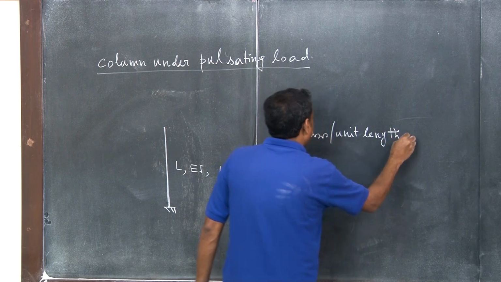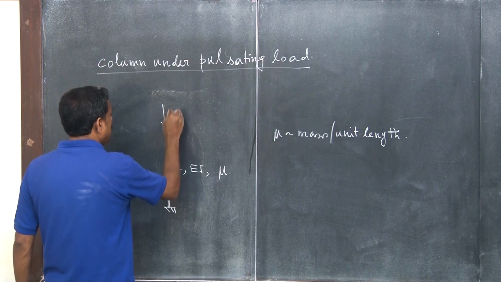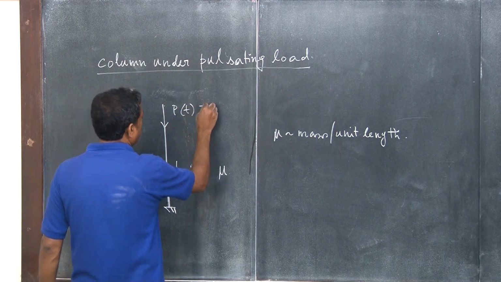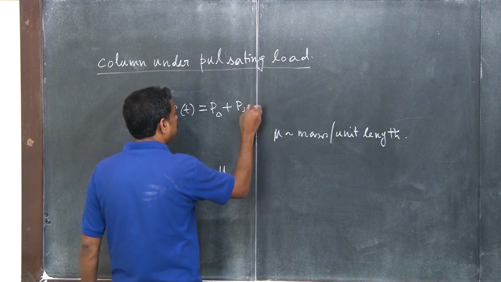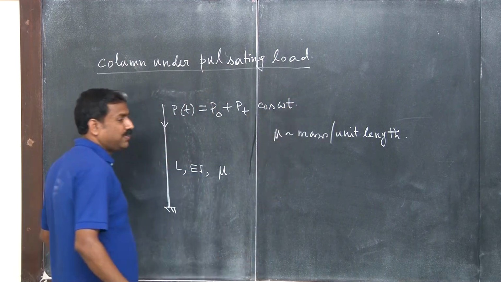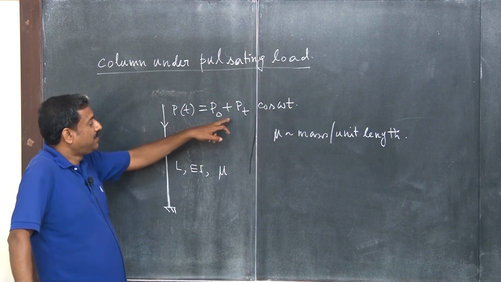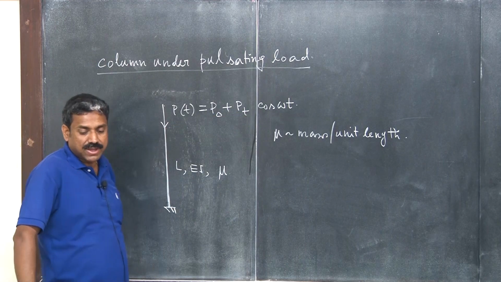This column is subjected to a time dependent force. Part of it is static and part of it is dynamic, cos omega t. So P0 is the statically applied force and Pt is the amplitude of the dynamically applied load, Pt cos omega t.